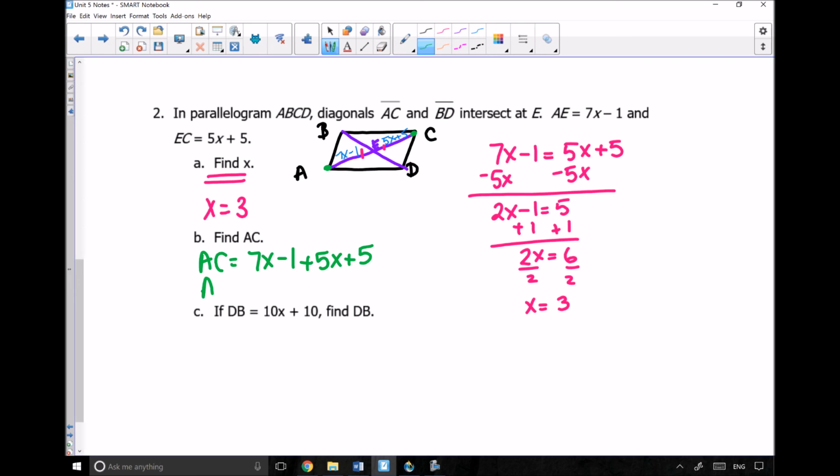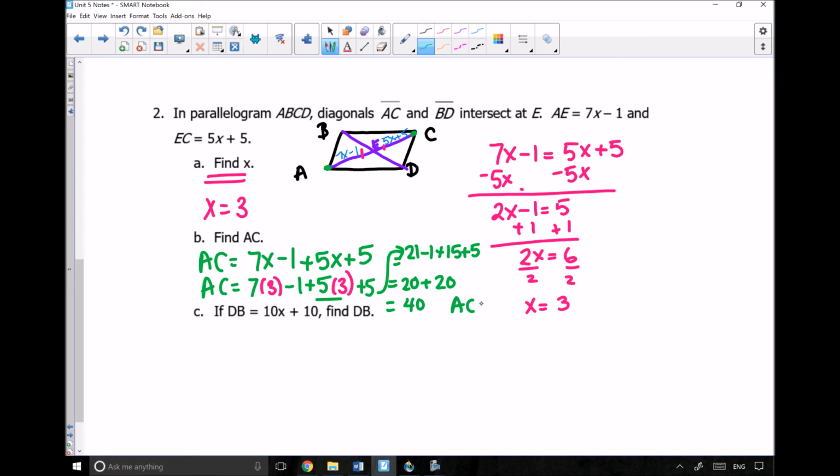So AC is going to be 7 times 3 minus 1 plus 5 times 3 plus 5. 7 times 3 is 21, so I get 21 minus 1 plus 15 plus 5. 21 minus 1 is 20, 15 plus 5 is 20, so I get 40.